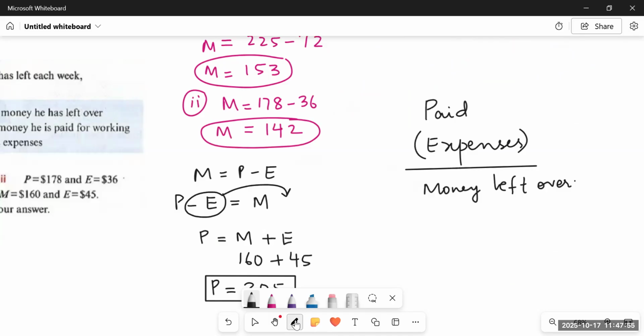So if I have to calculate the amount paid and I know what are my expenses and how much amount is left over, I'll simply have to add these two. That is, I'm saying that I have been paid X dollars. Okay, I'm not telling you my salary. You have to guess my salary. Then I told you that I paid for rent $100, for other expenses $50.